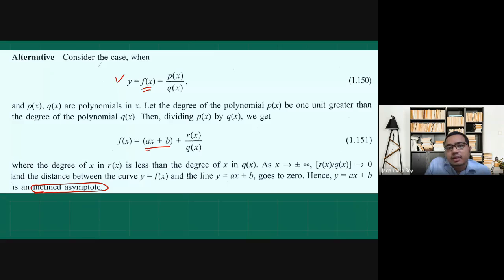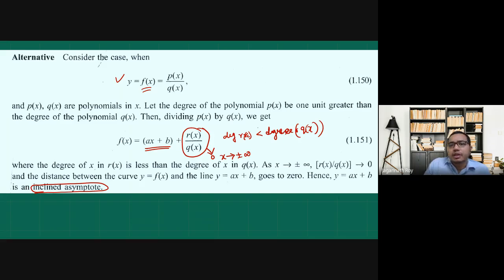Then we can write it as one straight line plus one ratio, R(x) by Q(x), where the degree of R(x) is less than the degree of Q(x). So that if we allow x tends to plus minus infinity, this term will go to 0.